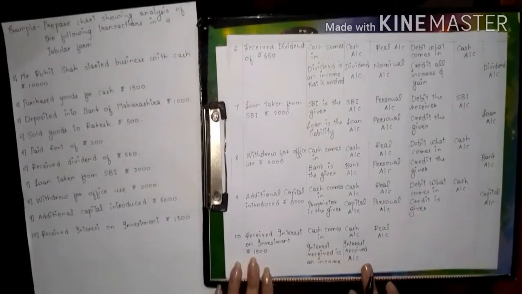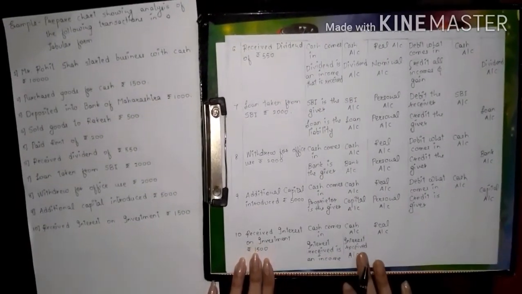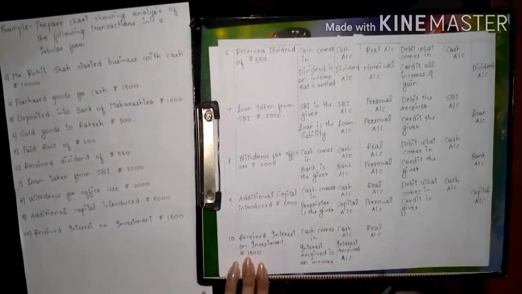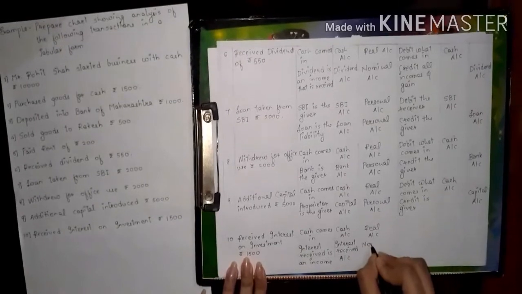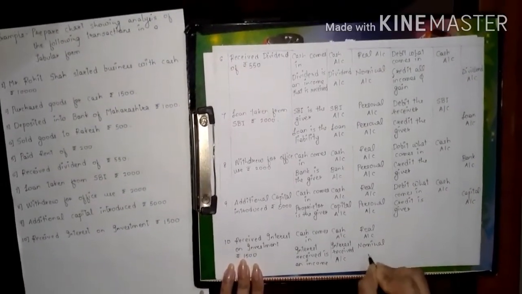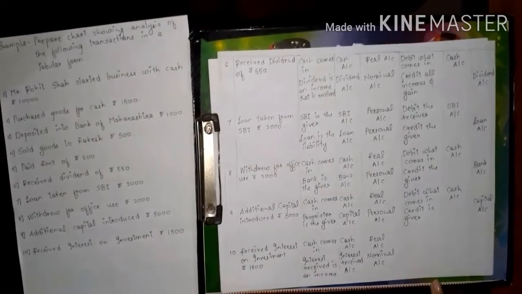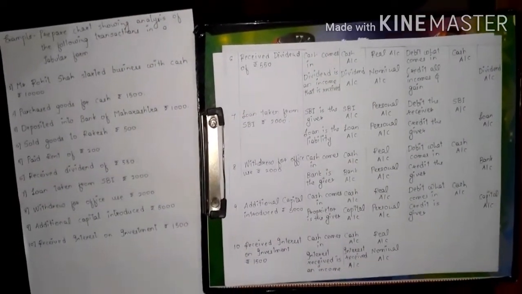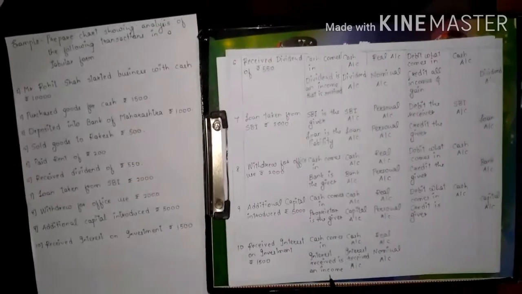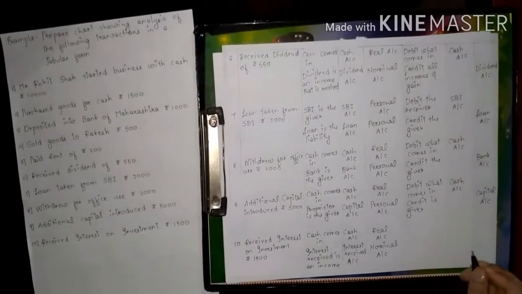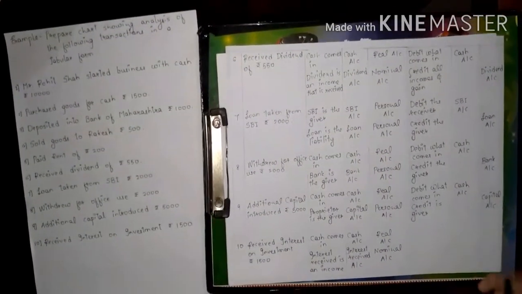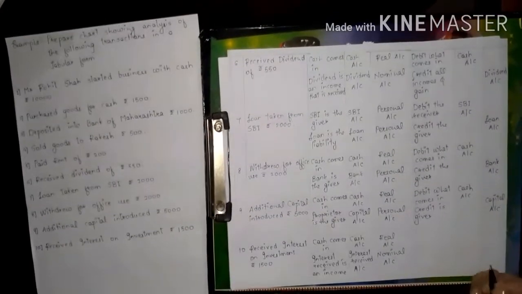Now interest received account is going to be our nominal account. Here we have earned income, so the rule will be according to nominal account. The rule for it: debit all expenses and losses, credit all incomes and gains. Here we have received income, so the nominal account rule will be credit all incomes and gains.